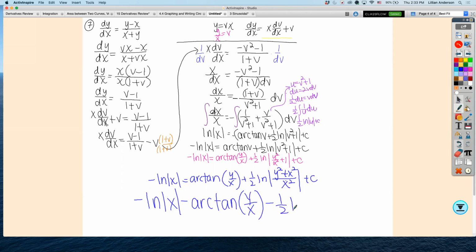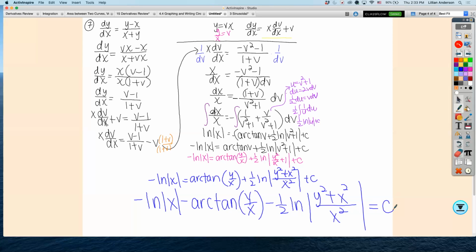Subtract over the 1/2. And this is the most I'm going to be able to do because I can't separate that y from the arctangent. That's about as far as we can go. That's going to be the value of C.